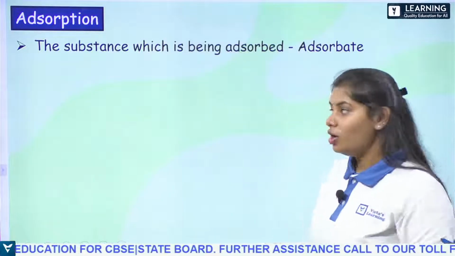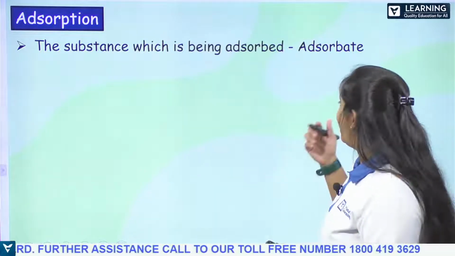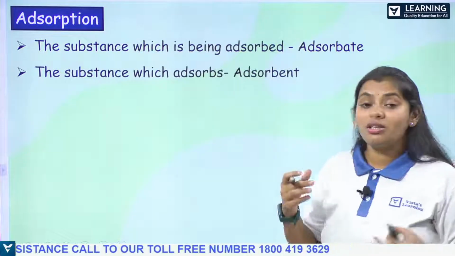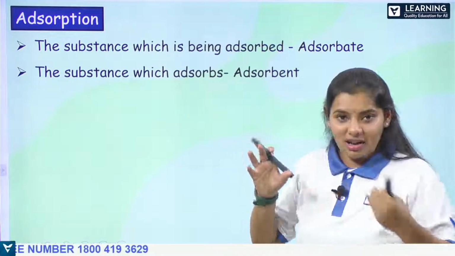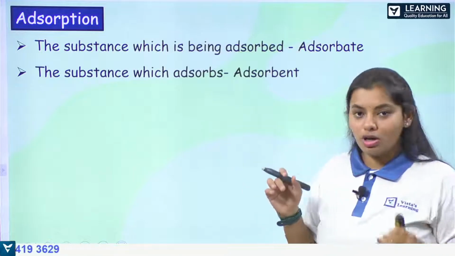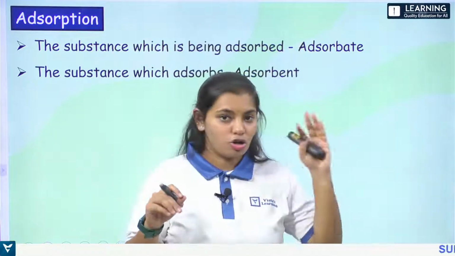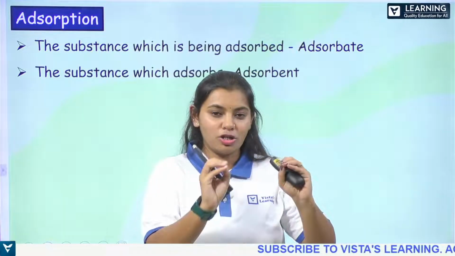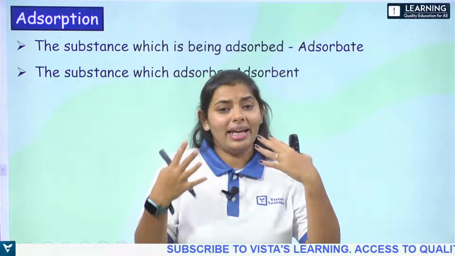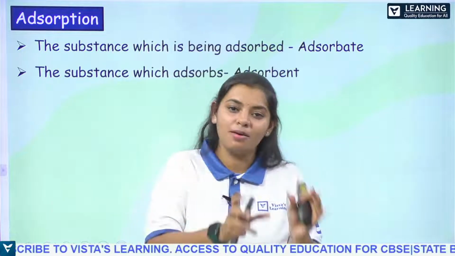Here also, as I told, the substance which is being adsorbed is going to be the adsorbate, and the substance which adsorbs is going to be the adsorbent. We can relate it to solute and solvent. Simply relating it to solute and solvent can give you an idea of how we can interrelate both of these and understand in a simpler way.